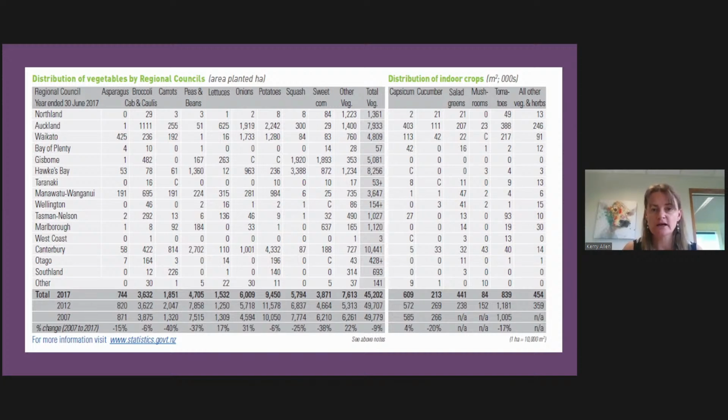You see that Waikato also plays a predominant part, but you drop down into the Nelson and the Canterbury regions, and you can see that capsicums and tomatoes are also grown largely in that Nelson area, with cucumbers, salad greens, mushrooms, and tomatoes grown in Canterbury. And those are to meet those South Island needs. Okay, so some of them are exported, but predominantly they're all for our own domestic market.